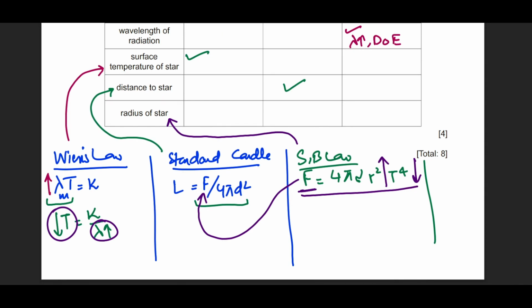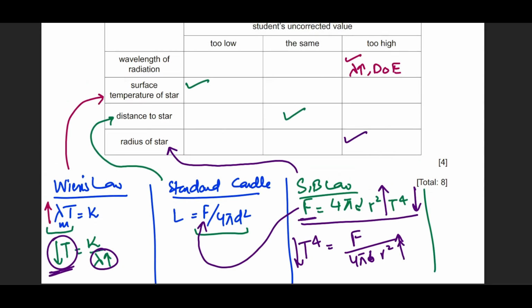Or you can make this equation T to the power 4 equals F divided by 4 pi sigma R squared. Since T is reported to be too low, R will be reported to be too high. So this will be too high, right? Okay.